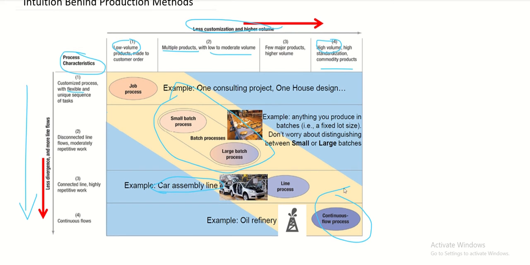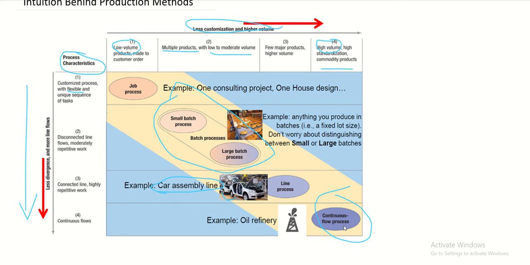A slight difference between line process and continuous flow process is that there is a relatively long time interval between each phase of the car assembly. It takes a bit of time to move from one stage of assembly to another stage, so there is a time interval in between. However, continuous flow process is basically seamless production flow.